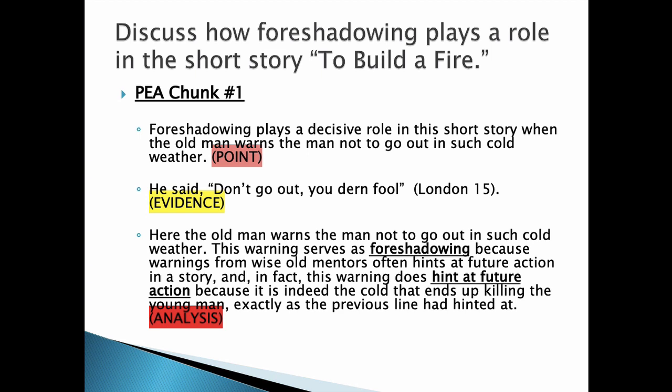So we have to explicitly and clearly develop how this line connects to exactly what happens in the future. And so the analysis section here does just that. It connects how this small little warning, don't go out, you fool, connects to the thing that killed the man later in the story. That proves foreshadowing. And that is a stronger analysis section because it ties back to the academic term in the prompt.